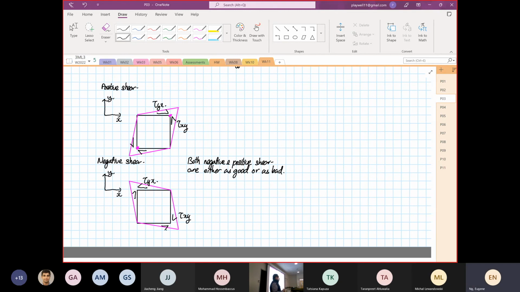It does not mean that with positive shear you have more money and with negative shear you have less money. Both are as good or both are as bad.